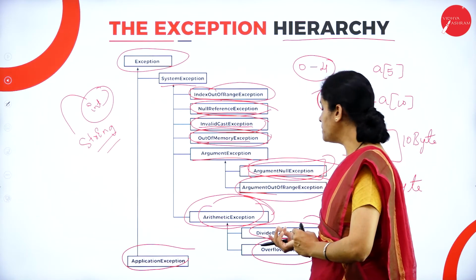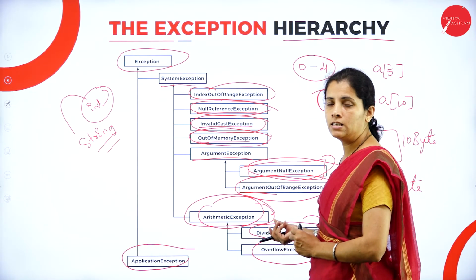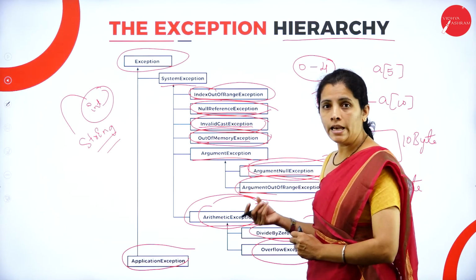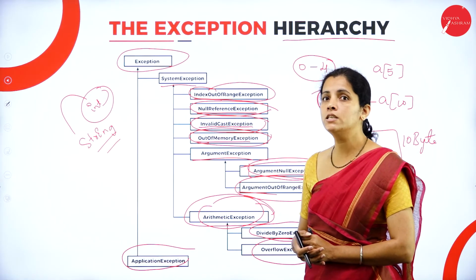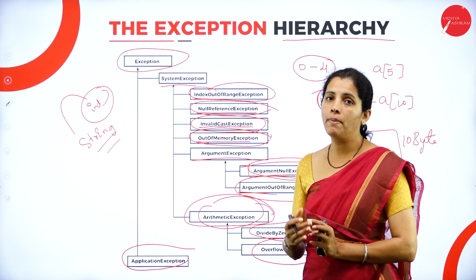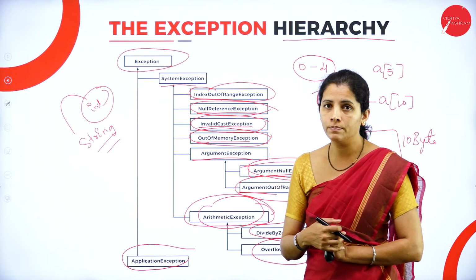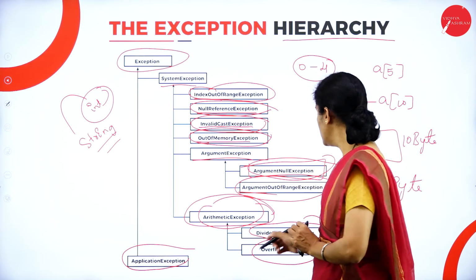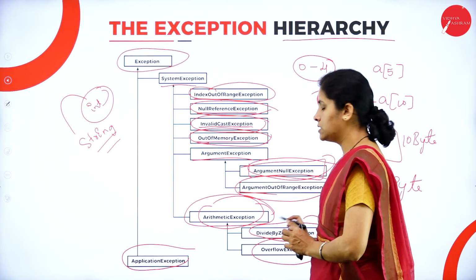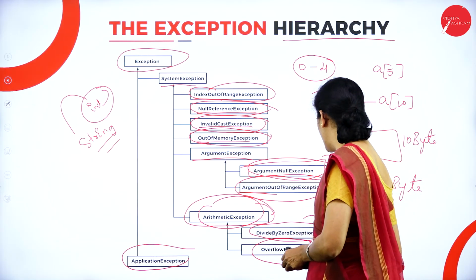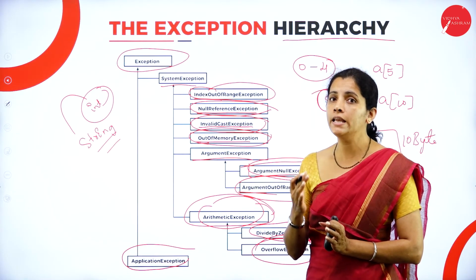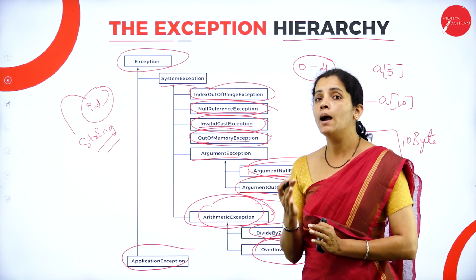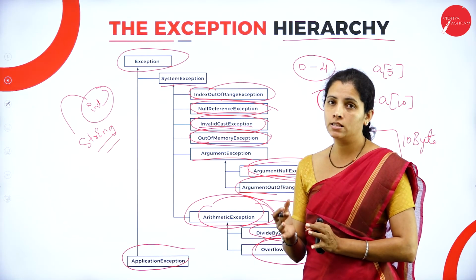So what is divide by 0 exception? While dividing any given number, if I try to divide the number by 0, then the compiler throws an error, and that is known as divide by 0 exception, and overflow exception. So dear student, when I divide any number by 0, I'm going to get some exception.